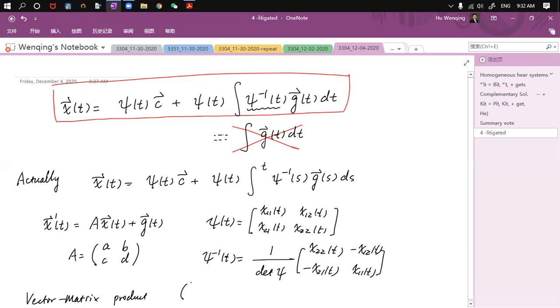Let's say the matrix is A, B, C, D, but let me use Greek letters: alpha, beta, gamma, and delta. This matrix is multiplied by the vector G1 and G2. That matrix-vector product is going to give you a vector: alpha G1 plus beta G2, and gamma G1 plus delta G2.